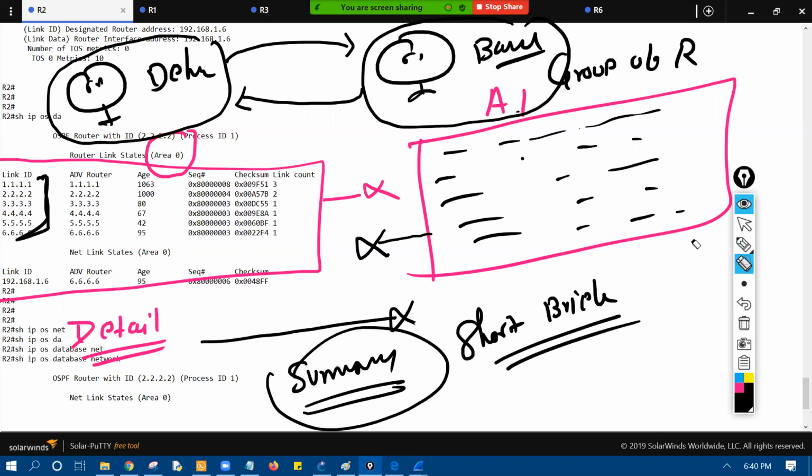From anywhere, if you are sitting on R1, R2, R3, R4, R5, R6, you can draw your topology. Understand?